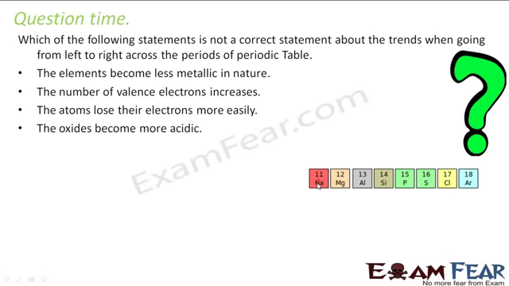This one is incorrect, because this one is more reactive and this one is less reactive, because it has to lose only 1 electron while this one has to lose 2 electrons. So this is incorrect. The oxides become more acidic. Yes, that's also correct. So this one is incorrect. This is my answer.